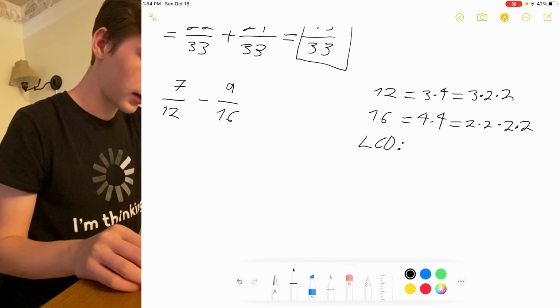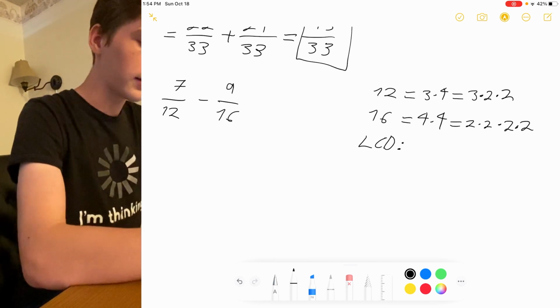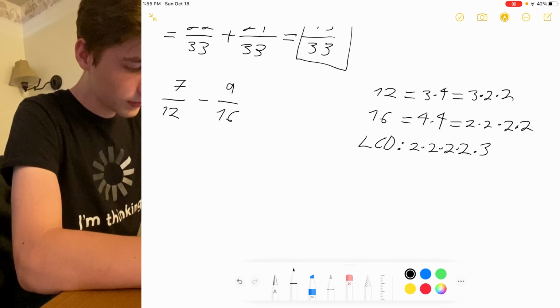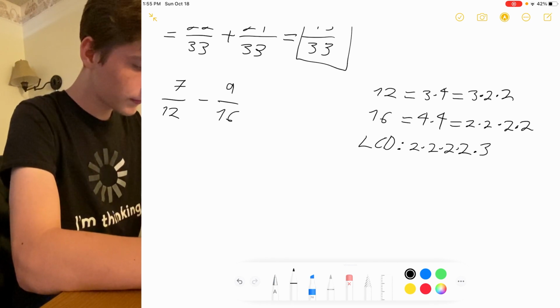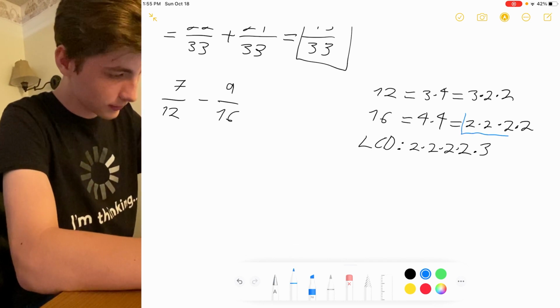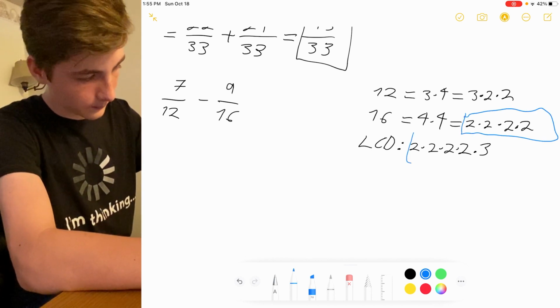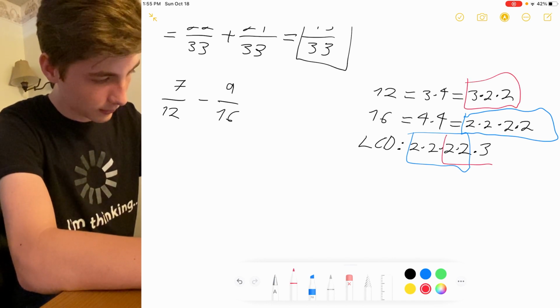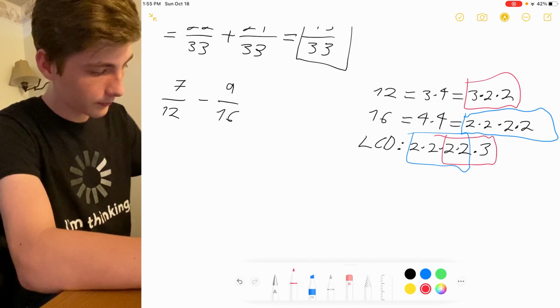So we're going to say, okay, well, we need at least 4 2's from that 16. 2 times 2 times 2 times 2. And then we're also going to need that 3. For the sake of this, you can see that's in there, and so is that. It is also in there.